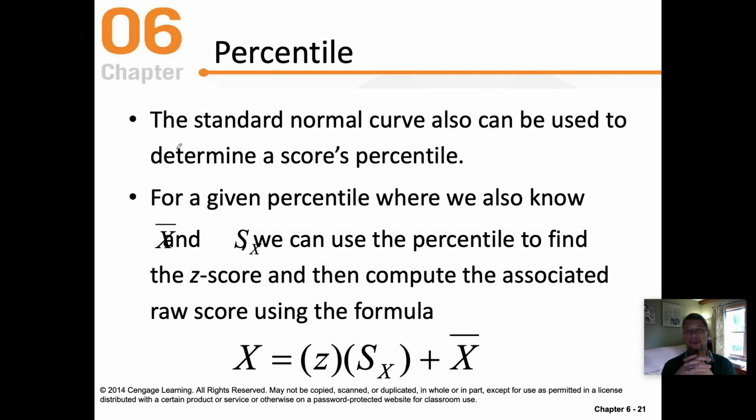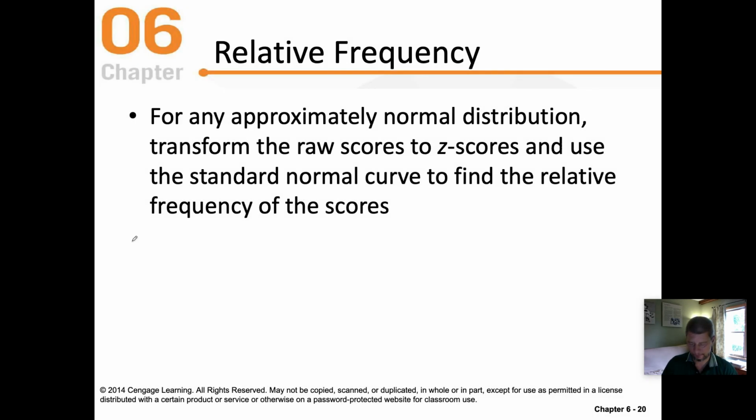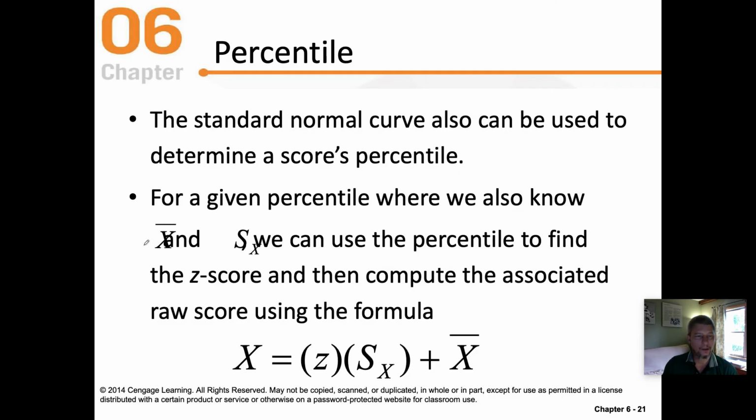Now, another thing that we can do with this data is to calculate the percentile. That's kind of what I was getting to when we were looking at the curve a few slides ago. The standard normal curve can also be used to determine a score's percentile. This is obviously X bar, and this is obviously the standard deviation, so the mean and standard deviation.